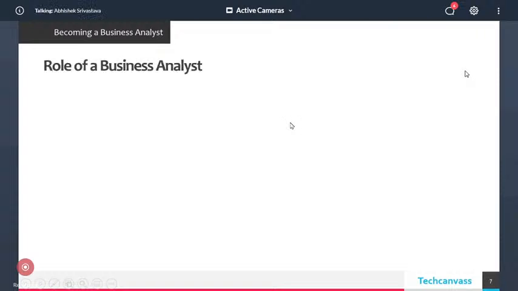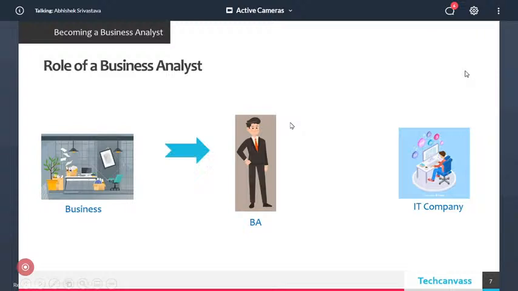Let's look at the role of a business analyst. This is a very simple diagram showing that a business analyst works between a customer and an IT company. Even though a business analyst is part of the IT company, their role involves being a neutral entity in the software project.